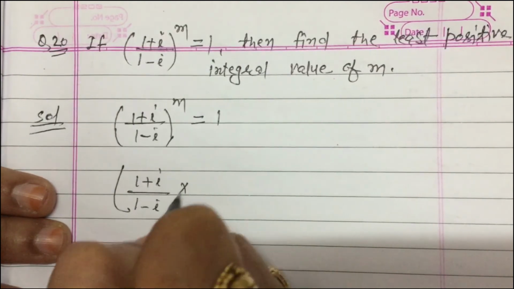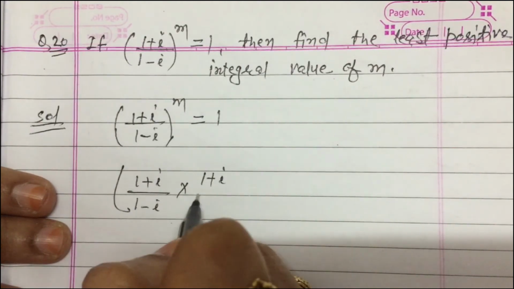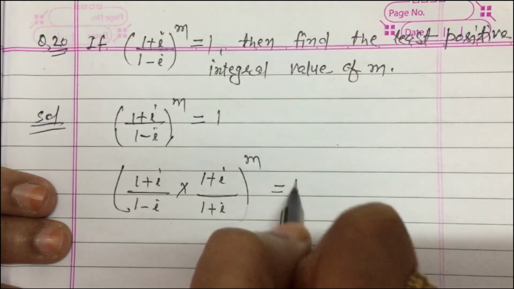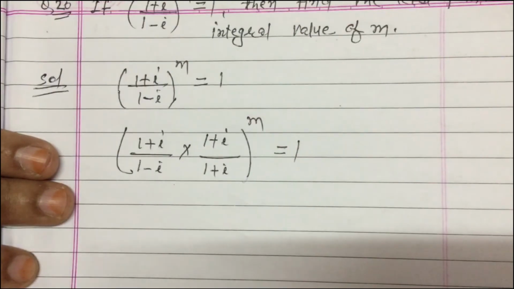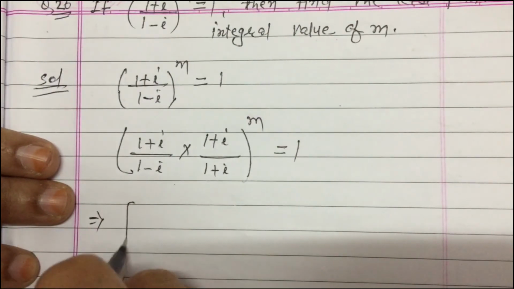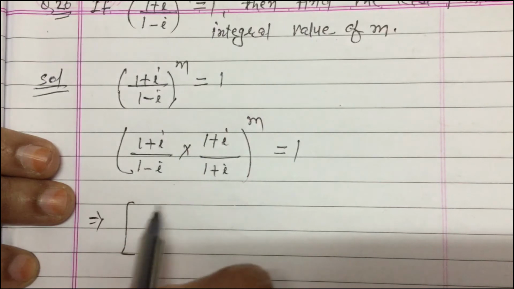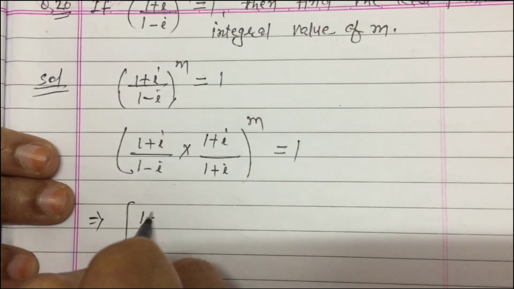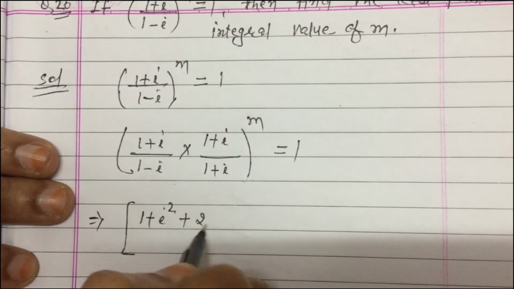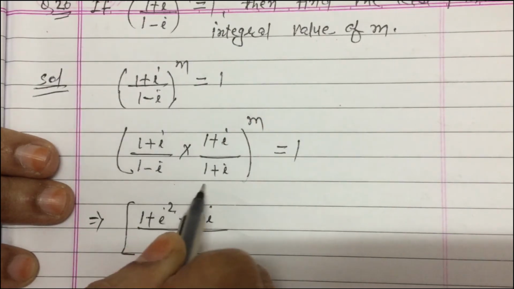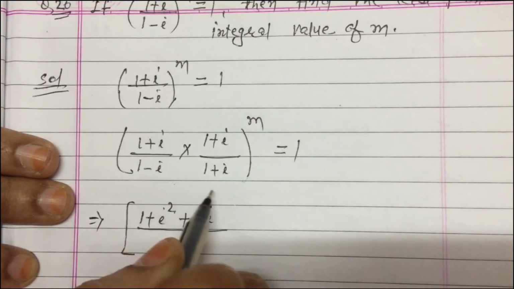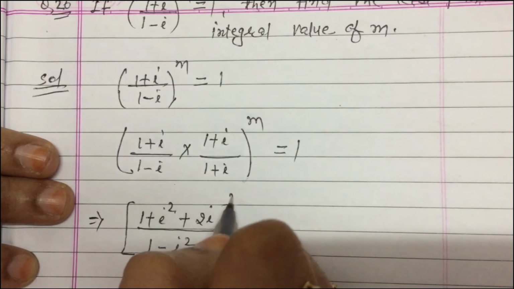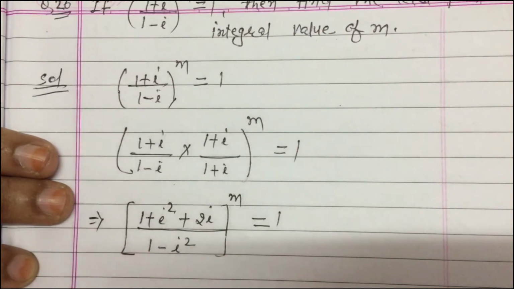Multiply by 1 plus i, and here also 1 plus i, whole power m is equal to 1. Now simplify. You will get (1 plus i) whole square. Expand according to the identity: 1 plus i square plus 2i. And here apply the identity (a minus b)(a plus b). You will get 1 minus i square. Now whole power m is equal to 1.